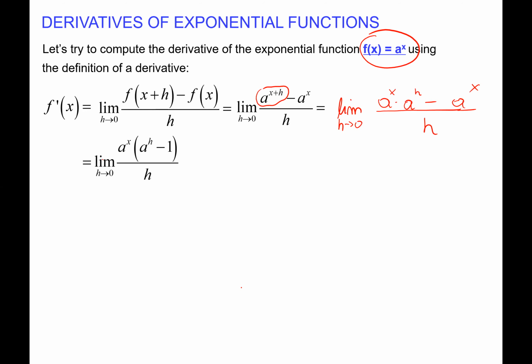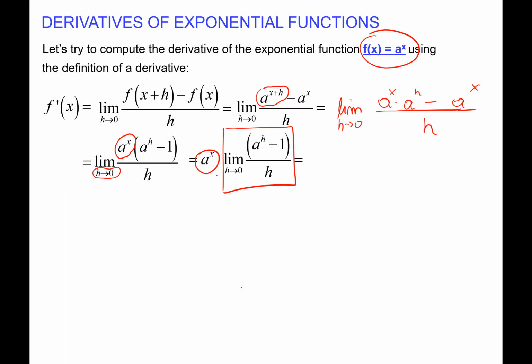With respect to the limit, because the limit is only telling me information about h, a to the x is a constant, which I can put outside the limit. It doesn't depend on h. Which means we have to focus on this limit.